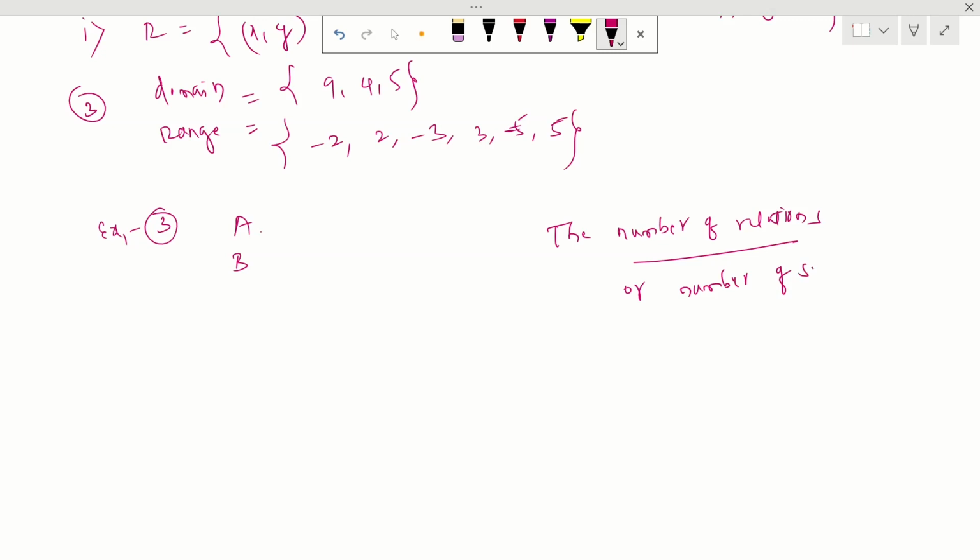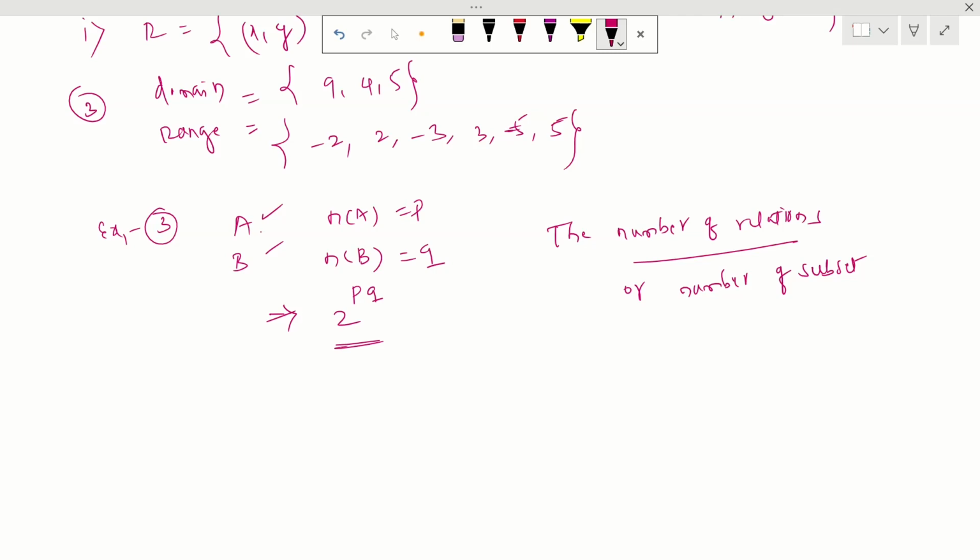Suppose we have sets A and B. The number of elements in A is P and the number of elements in B is Q. Then the number of relations will be 2 raised to the product of P and Q.